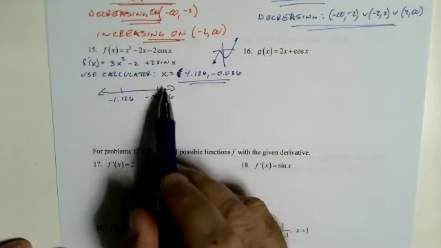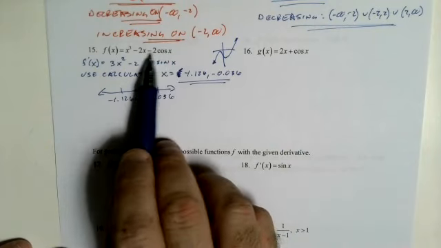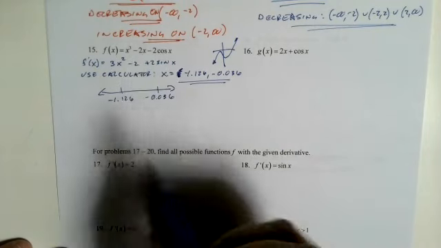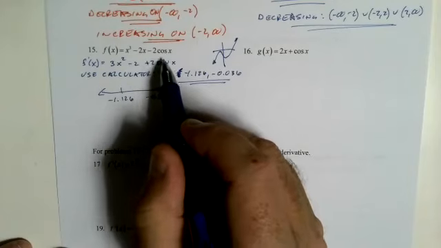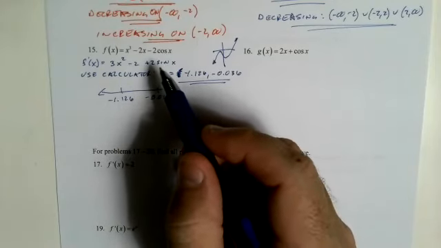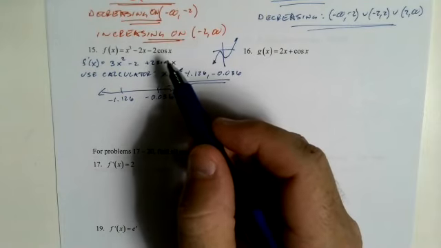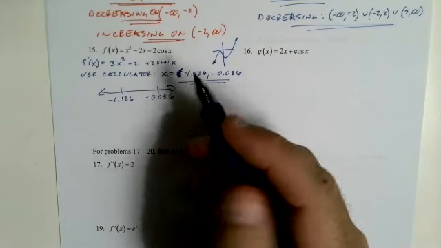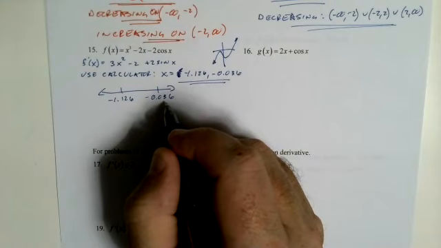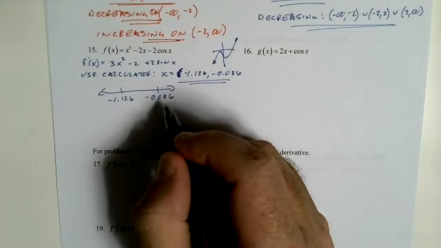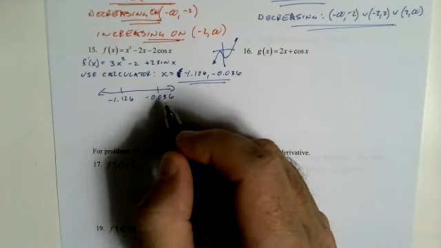Great place to check is at 0. At 0, that's going to be negative out here. Seems wrong, so I got to think about this one. No, it's decreasing. But then, phooey.